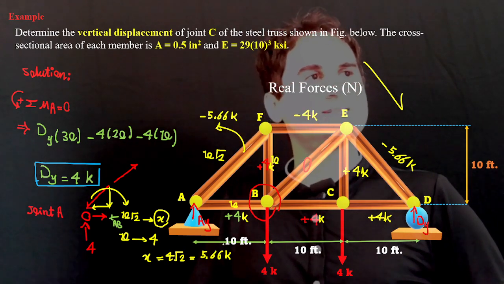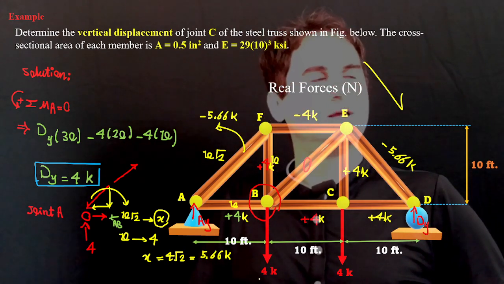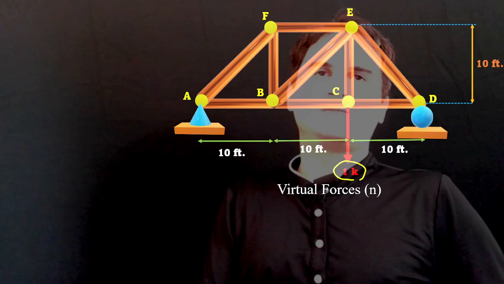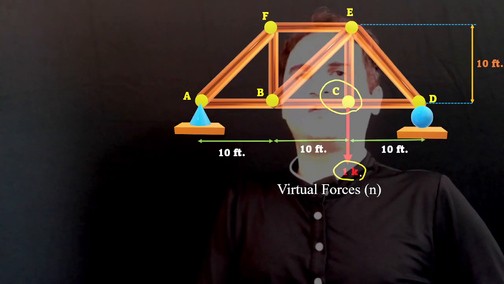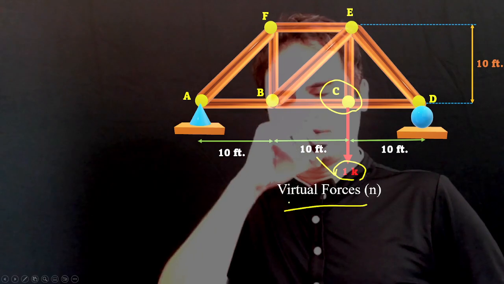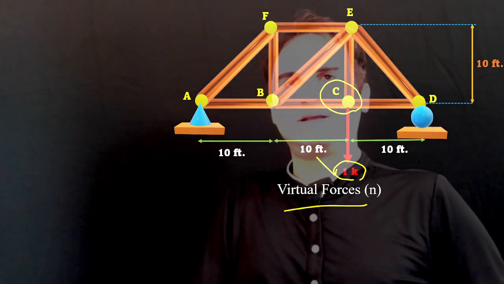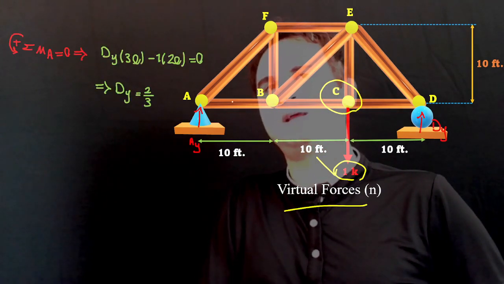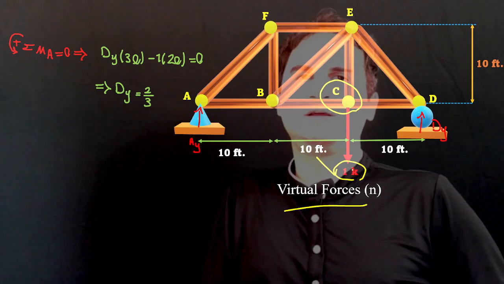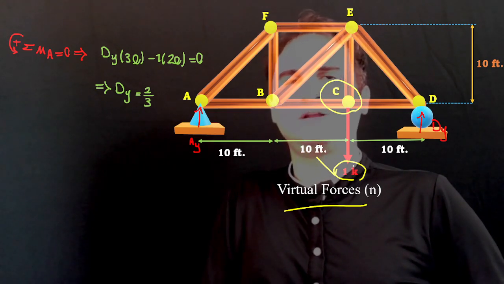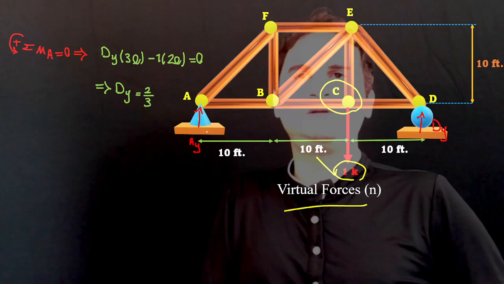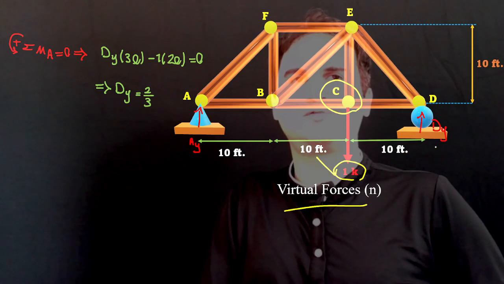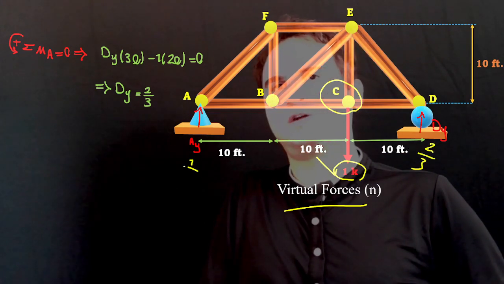Now, in the second step, we move on and apply a 1 kilopound downward force, a virtual force, at joint C, and then again see the internal forces applied to the structure. Again, the summation of moment about A goes to 0. If you assume this is a beam, and 1K is applied to the AD beam, the bigger chunk of the force goes to dy, so that's 2/3 of the force, and ay is 1/3 of 1K.